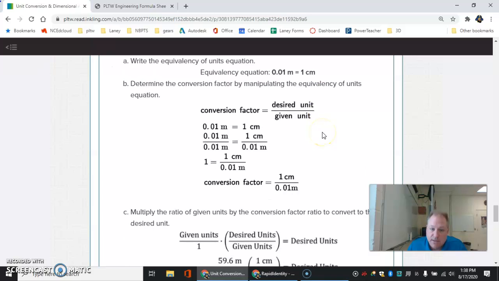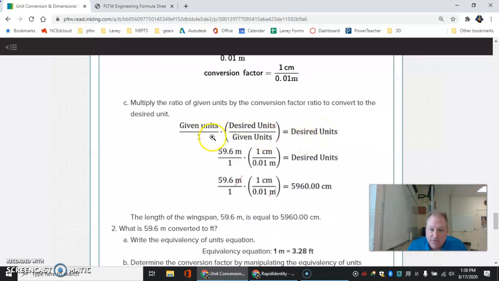So if we write it out, 59.6 meters times 1 centimeter per 0.01 meters, meters cancel. So then we have 59.6 divided by 0.01 gives us 5,960 centimeters.